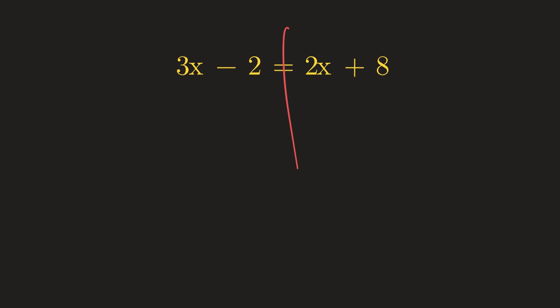If you want the variables on the left-hand side over here, which one needs to move? 2x needs to move. How will you move it? How do I move 2x from the right side to the left side? What operation is going to allow me to take 2x from the right side to the left side?